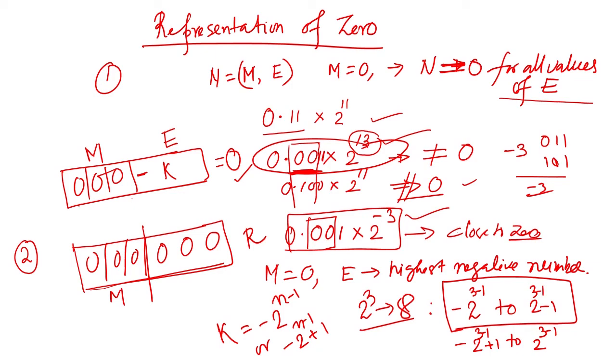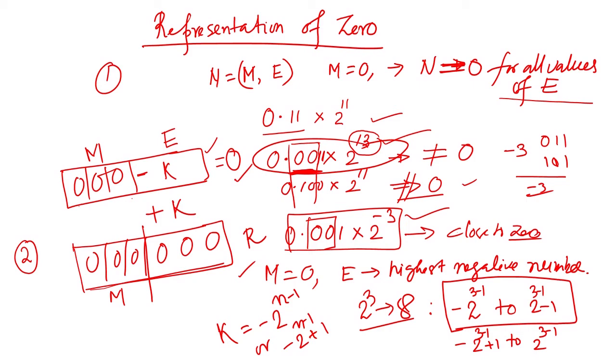So, therefore, 0 should be represented as 0 in this concept. What we do is we add to the represented number, that is minus k, that is a negative number, we add plus k, then we are going here.